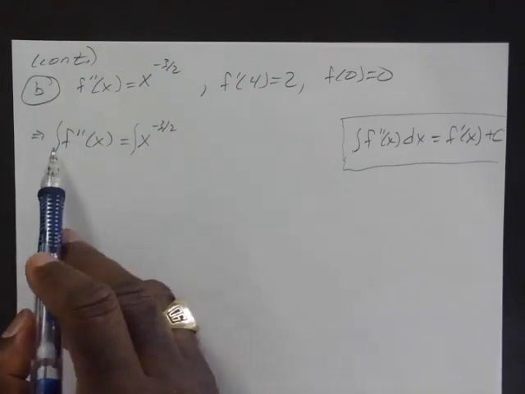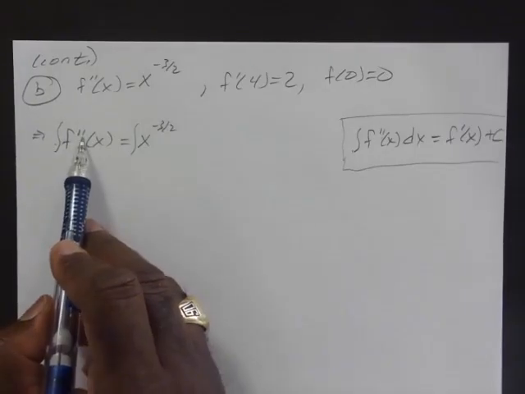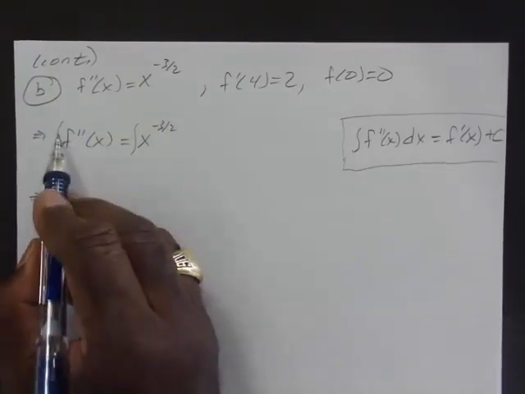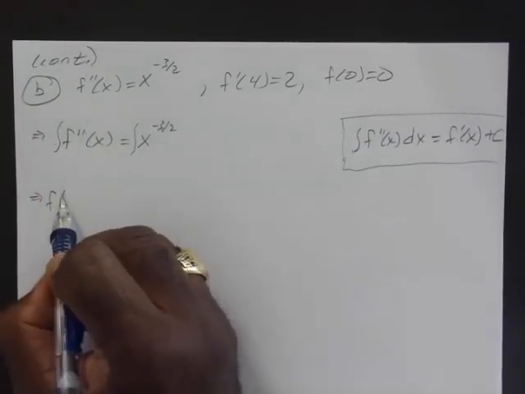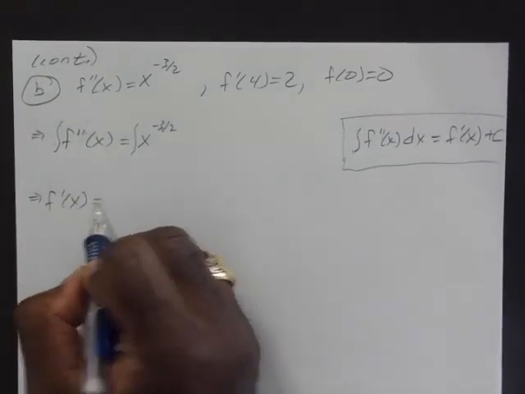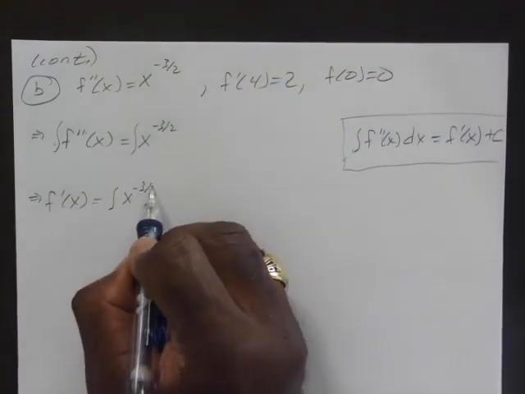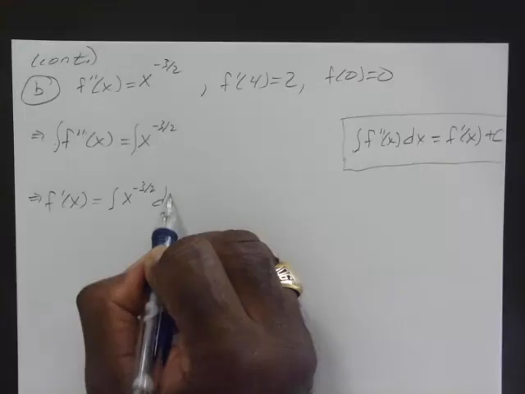Okay, so we know that the antiderivative of this double or second derivative, since it just cancels out one of them, that leaves it as f prime of x is equal to the antiderivative of x to the negative 3/2 power with respect to x.